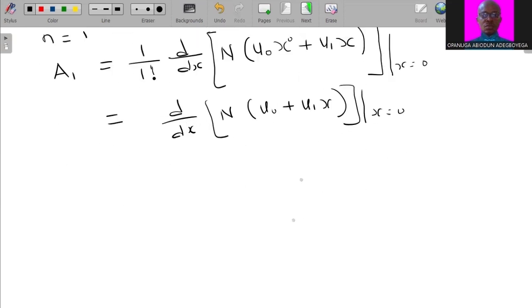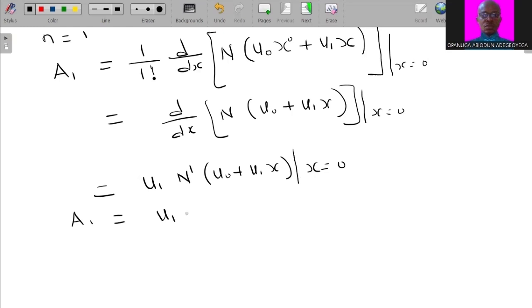Differentiating that, we get u_1 N prime of u_0 plus u_1 x. So at x equal to 0, our A_1 gives us u_1 N prime of u_0.